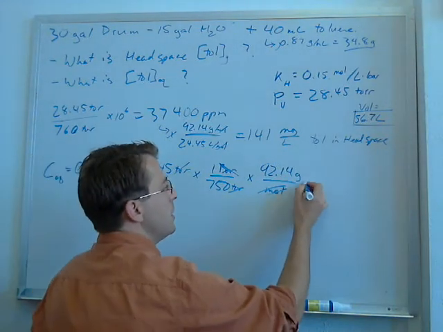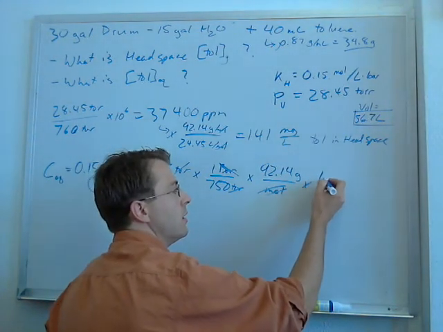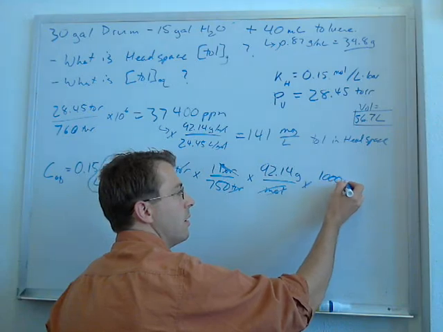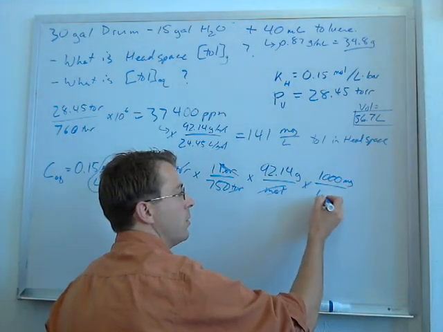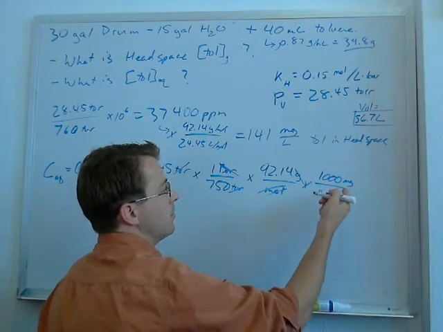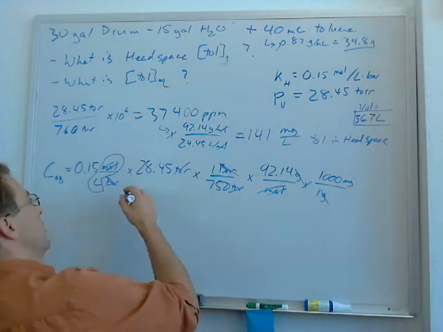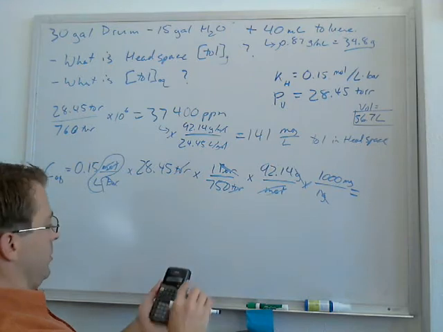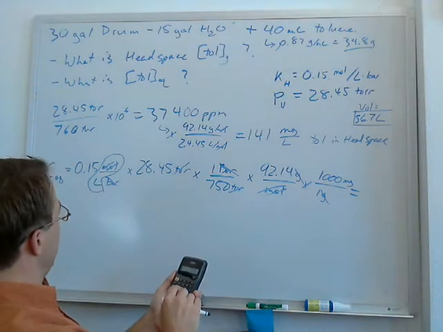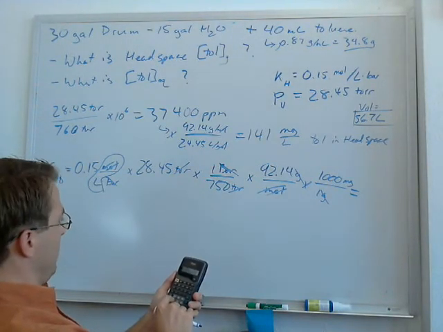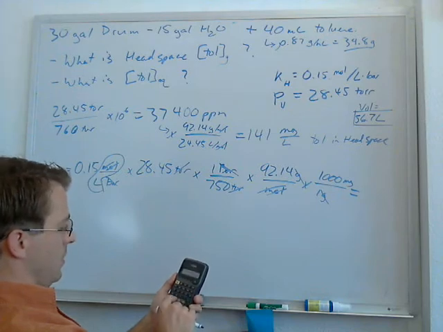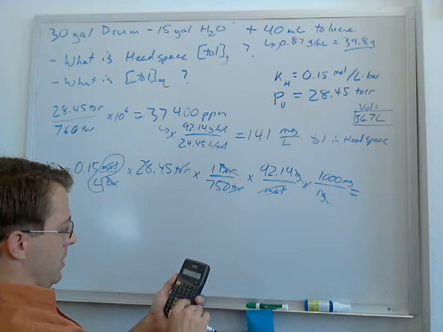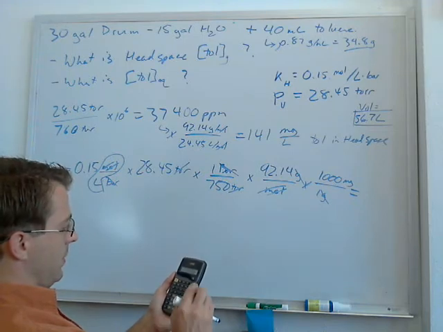We're in grams. Now we want milligrams, so 1,000 milligrams per 1 gram. All right, so now we've got milligrams per liter. And that comes out to 0.15 times 28.45 divided by 750 times 92.14 times 1,000.